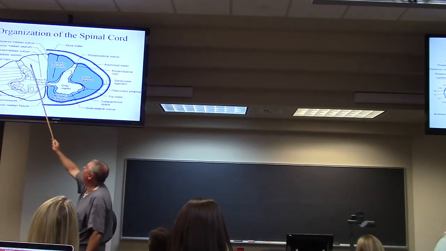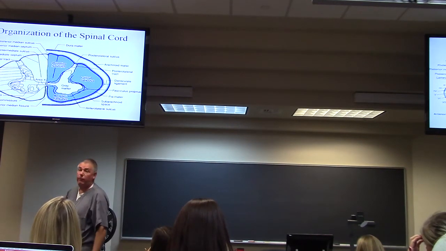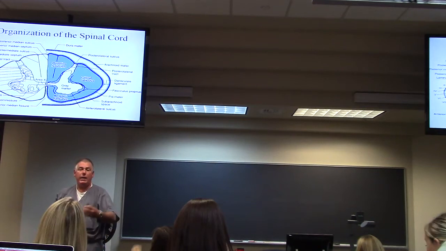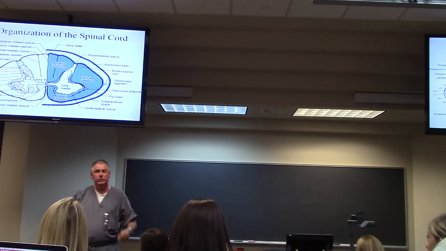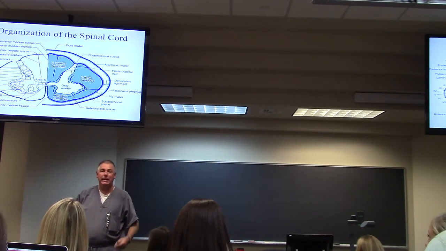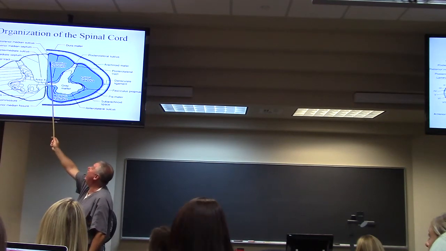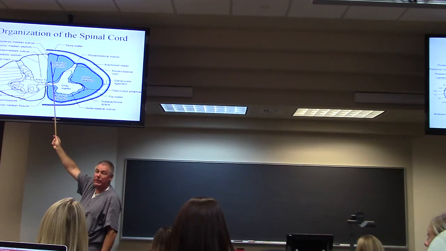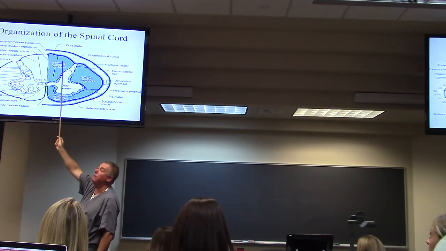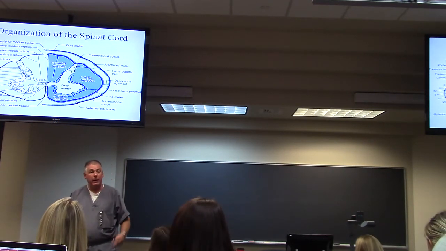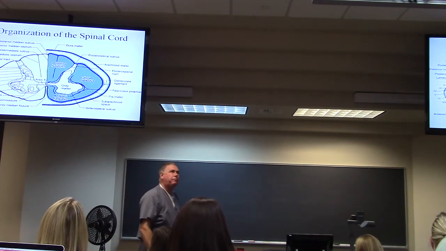Yeah, so if you look across there, 1, 2, 3, 4. There are 4. Let me give you why I'm stressing this so much. Sensation from T6 and below is carried in this half. Sensation from T6 and above is carried in that half. So they have different names that you'll see in just a minute.